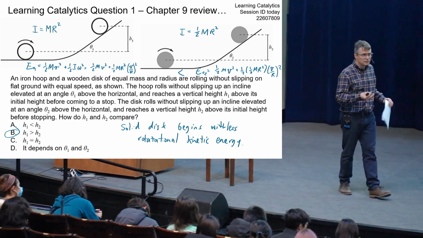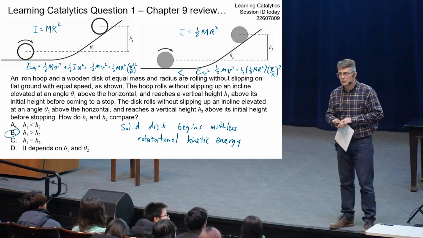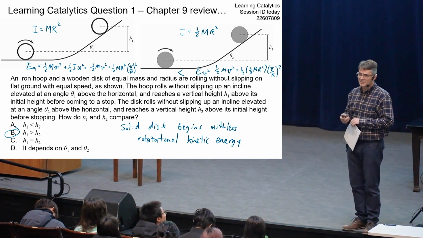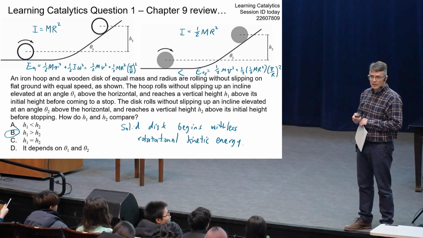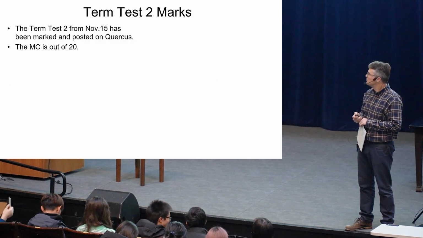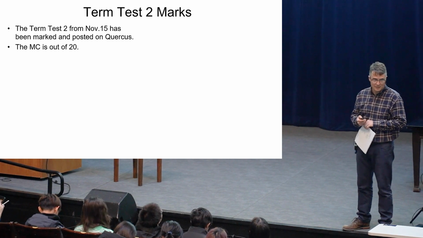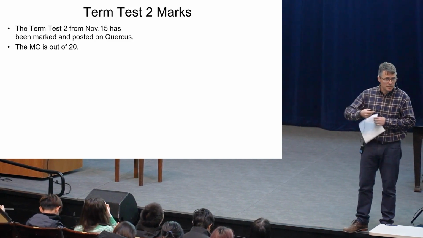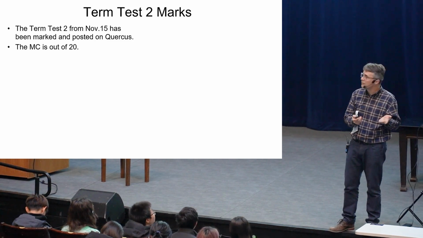Anybody want to talk about the term test a little bit? It's a little confusing. There are 3 marks posted, but let me just tell you. One is the multiple choice mark out of 20, and you add these marks to get a mark out of 28.